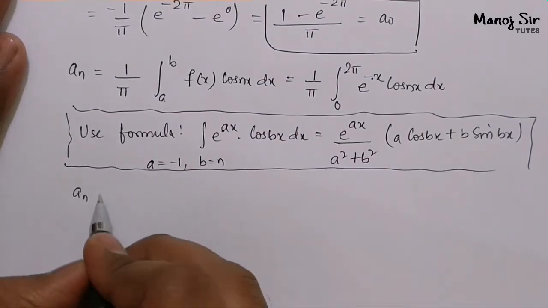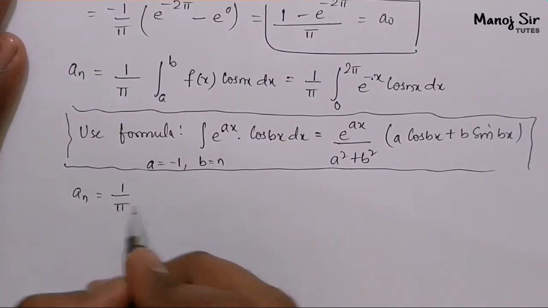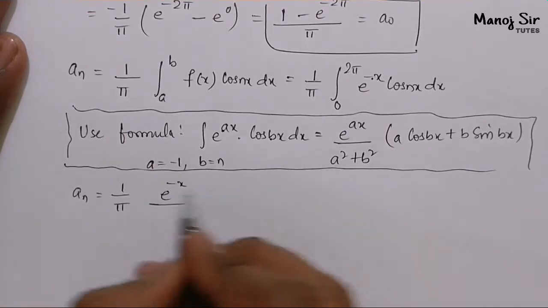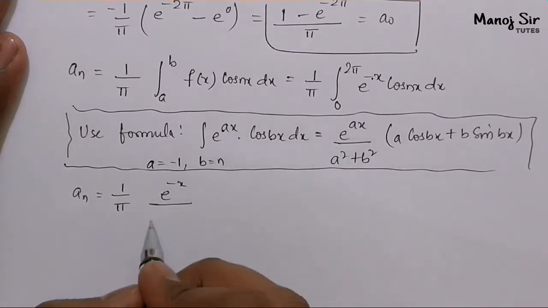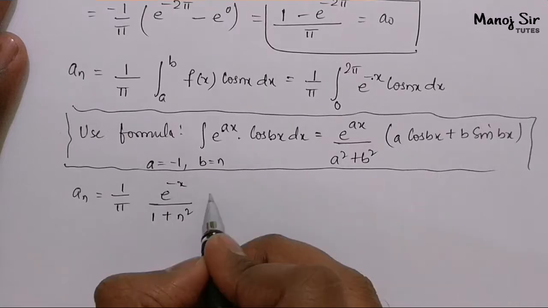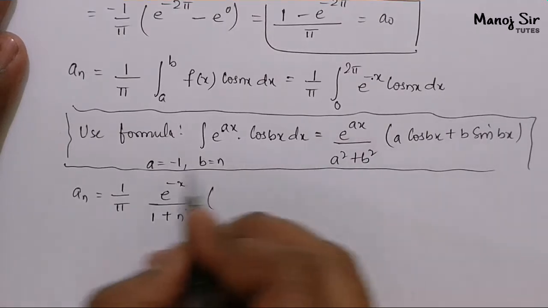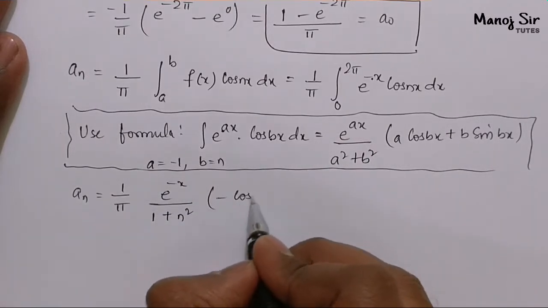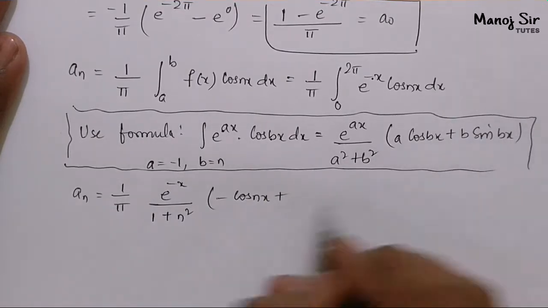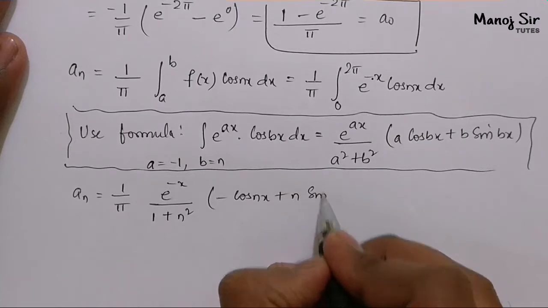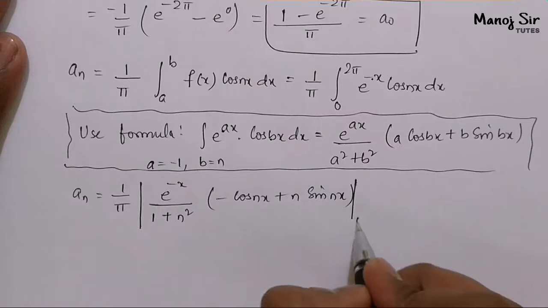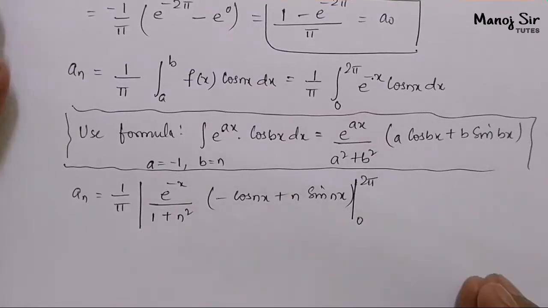So a n becomes 1 upon pi, e to the power minus x upon minus 1 square, that is 1, plus n square, into minus cos nx plus n sin nx, limit going from 0 to 2 pi.